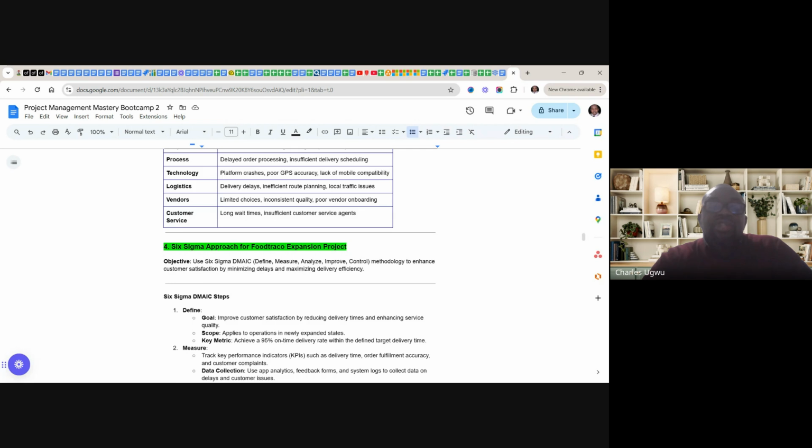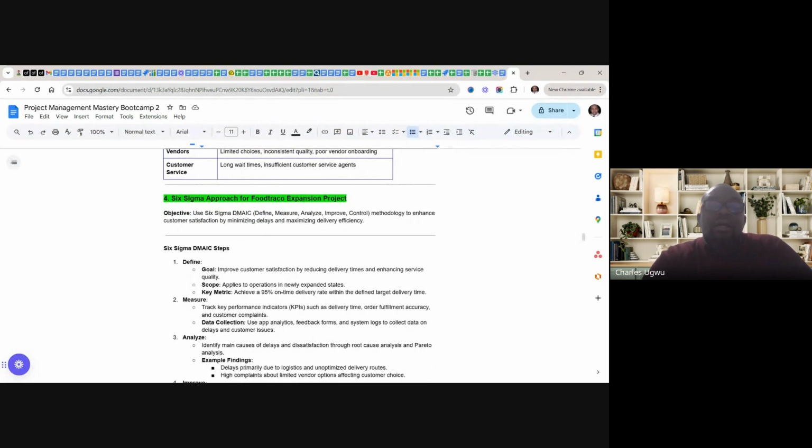So root cause and this Six Sigma is what we call DMAIC. You define, you measure, you analyze, you improve, and you control. It's called the project management methodology as well. It's an approach, but it's mainly for process improvement.